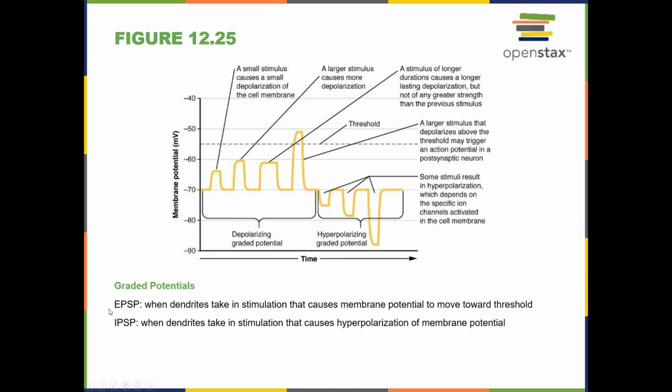So an EPSP is an excitatory postsynaptic potential. So what happens there is you're increasing the amount of sodium in the cell, and this can move you towards a threshold. Whereas an IPSP, an inhibitory postsynaptic potential, causes hyperpolarization, so you're moving further and further away from that action potential or that threshold number.